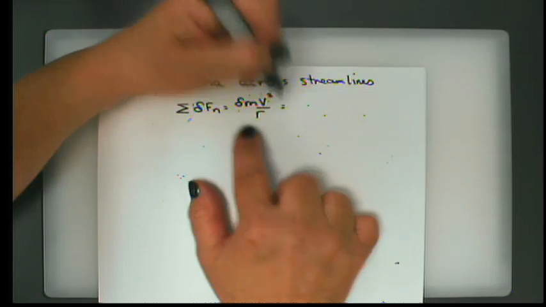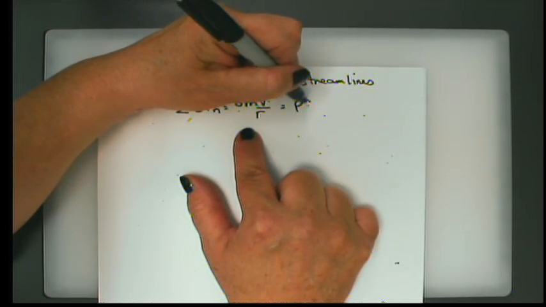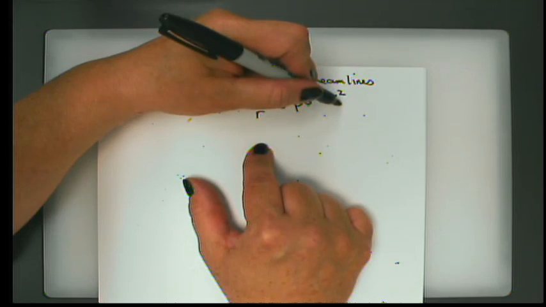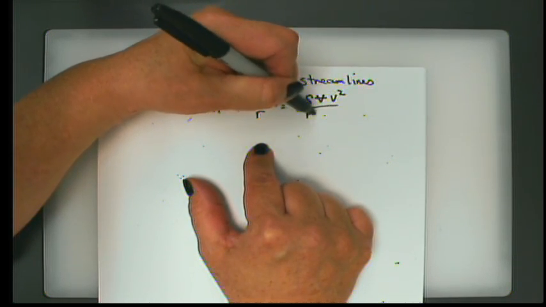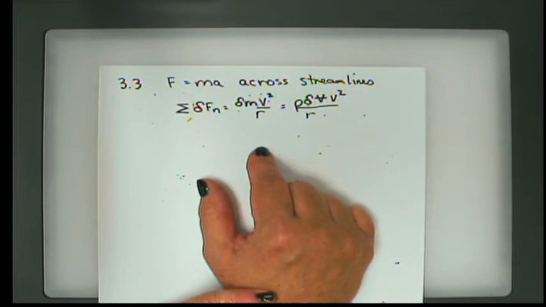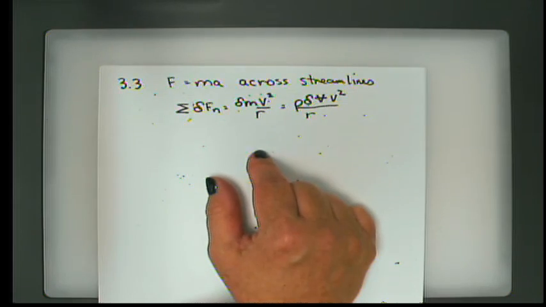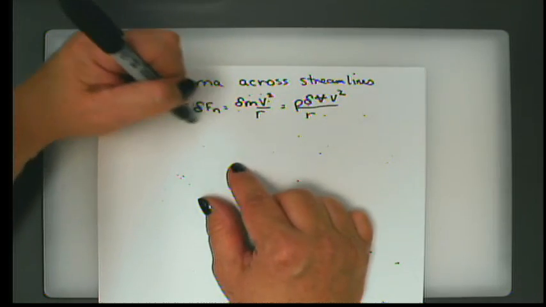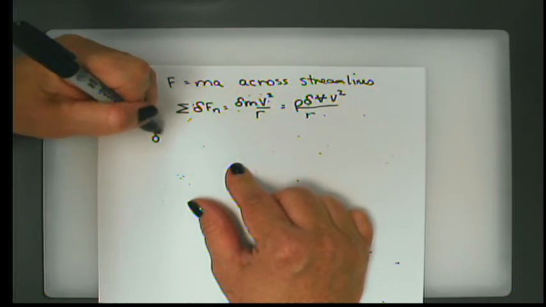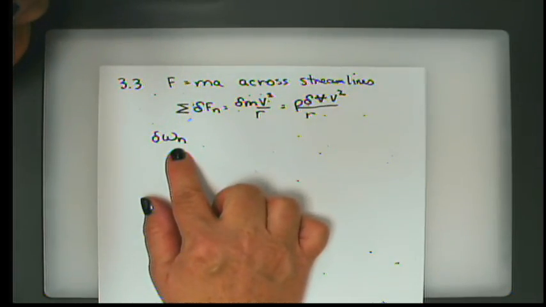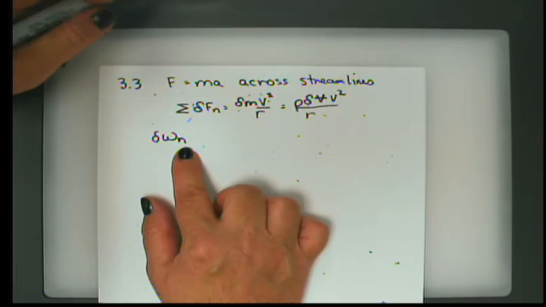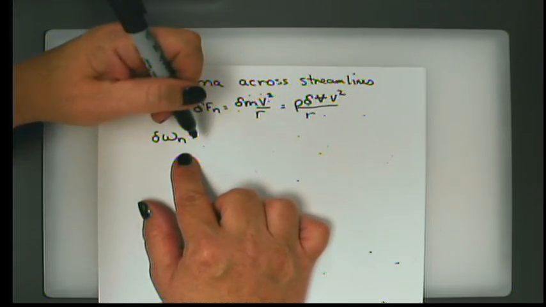Well, we know that del m is going to be rho times del V for volume times v squared over r. And then we can think about what forces act across the streamlines. Well, what are the forces that are going to act? We're going to have some sort of a weight. In other words, if we use the same sign convention, last time it was weight sine theta along the streamline, so this is going to be weight cosine theta, using the same convention.